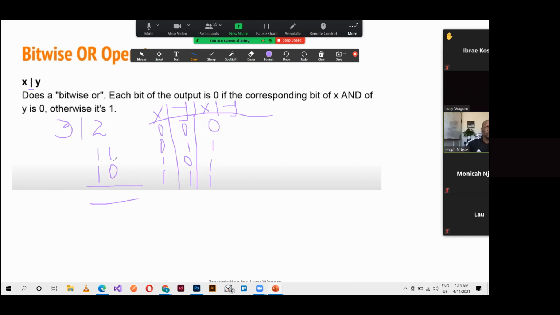So this and this will return a 1. This and this will also return a 1. So when we OR 3 and 2, we get a 3.